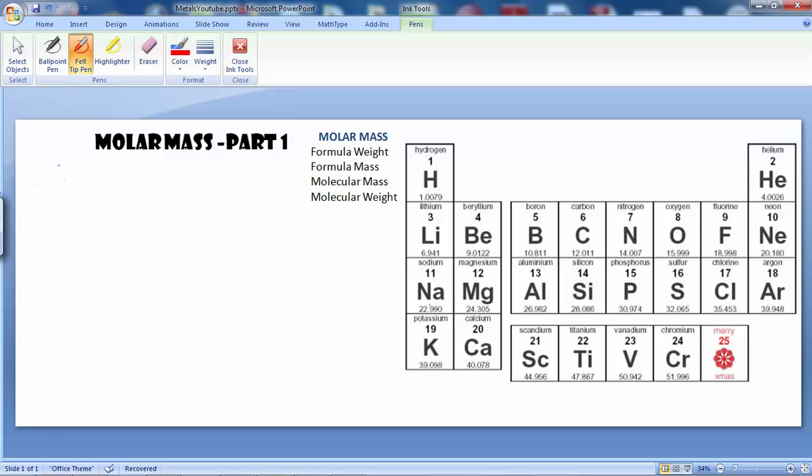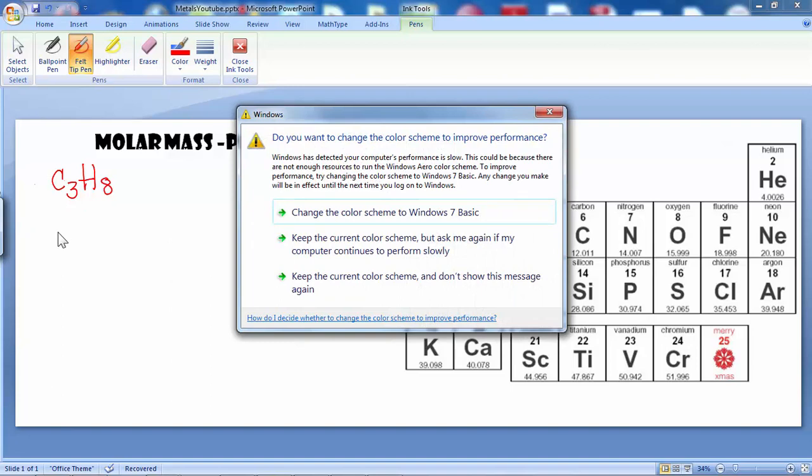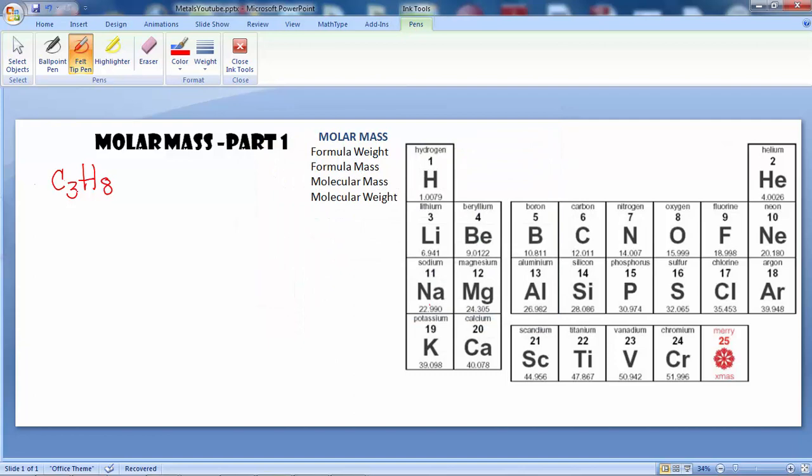Let's calculate the molar mass of C3H8. You can pause the video and see if you can get the molar mass of C3H8. Okay, now everybody's paused the video and they tried it.